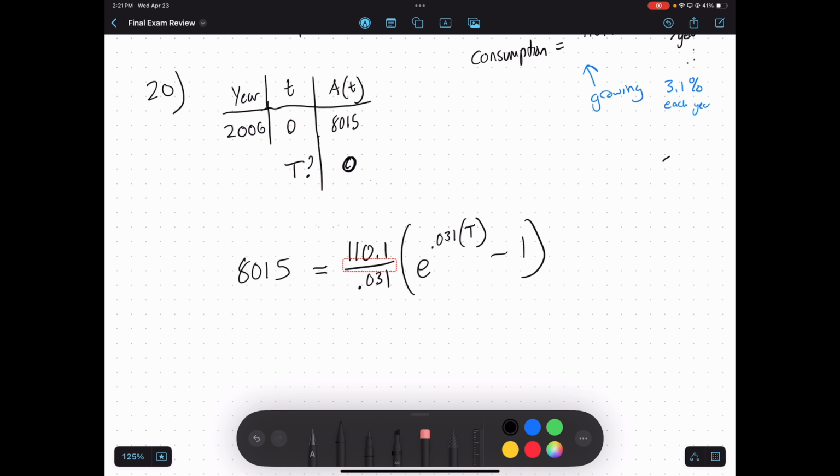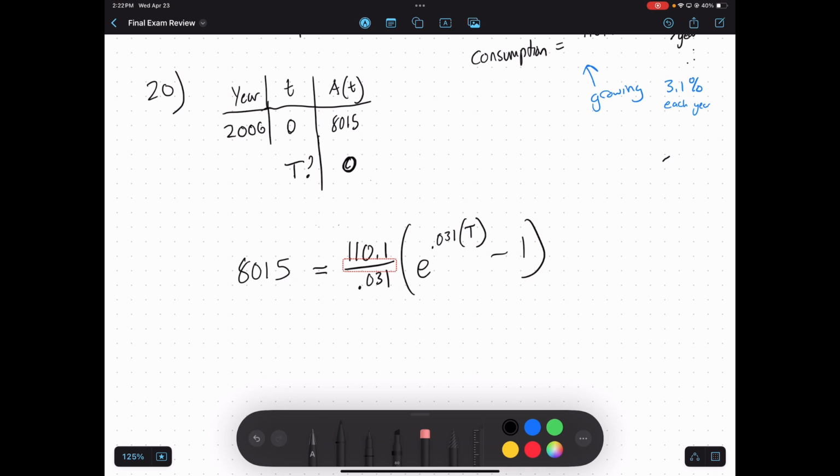Because as soon as that total consumption matches what I currently have, then we're done. Then we've consumed everything. And so that's how I would set up this problem. I'm using a future value because I'm looking at when my consumption will end up being 8,015 to match the amount that I have available.